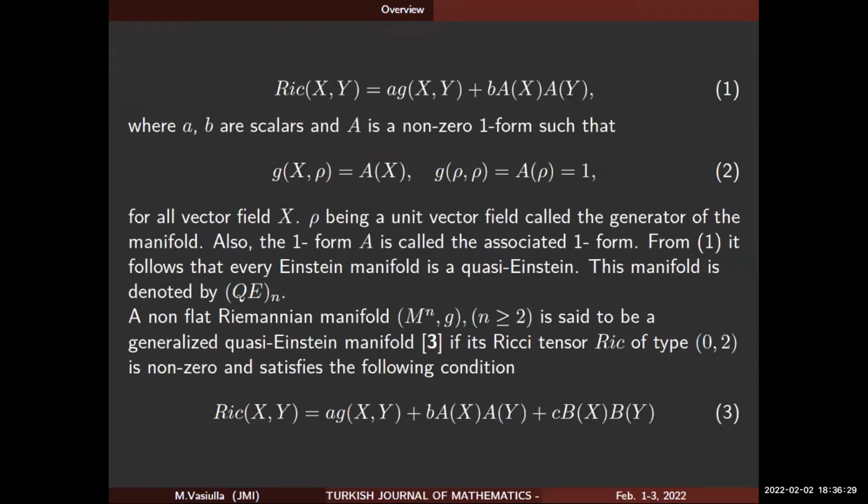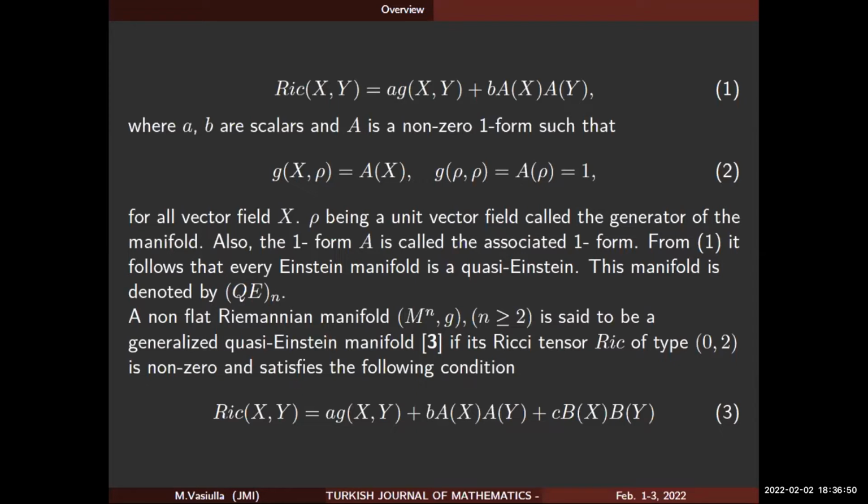Rho is a vector field called the generator of the manifold, and the one-form is also called the associated one-form. And from (1), it follows that every Einstein manifold is a quasi-Einstein manifold, denoted by QEN.